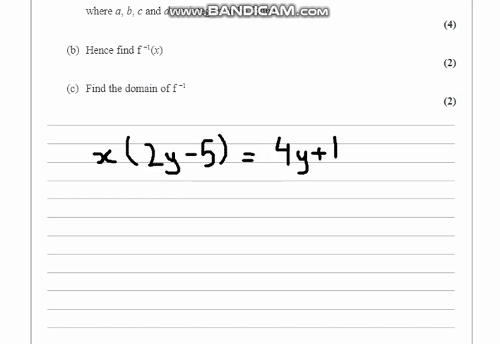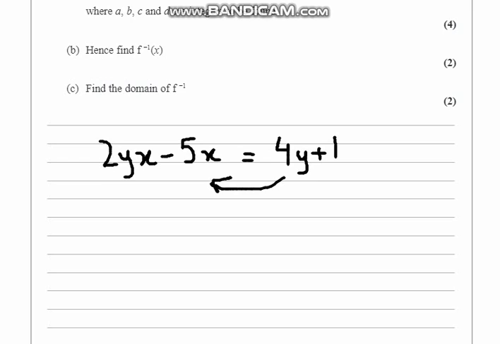Now I'll multiply the bracket and multiply everything with x, so we'll get 2yx minus 5x. Now I'll bring 4y to this side because I have a y here, and I'll take 5 minus 5x to that side.